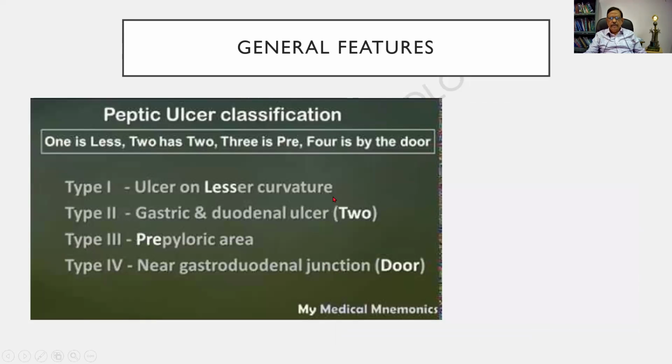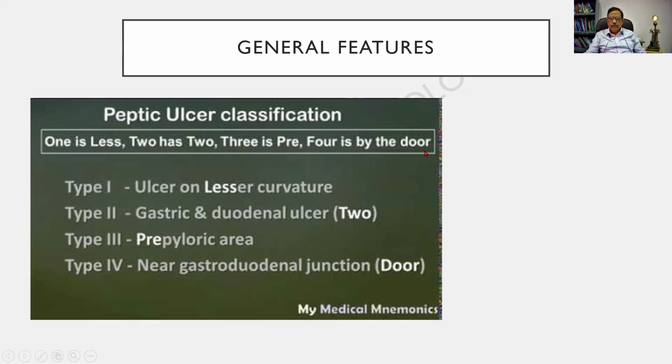This is a beautiful mnemonic which I would like you people to kindly remember. I had picked it up from medical mnemonics. Hats off to them. There are 4 types. Type 1. 1 is less, so it occurs on the lesser curvature. 2 has 2, that means it occurs in the gastric and duodenal regions. 3 is pre, the pre-pyloric area.